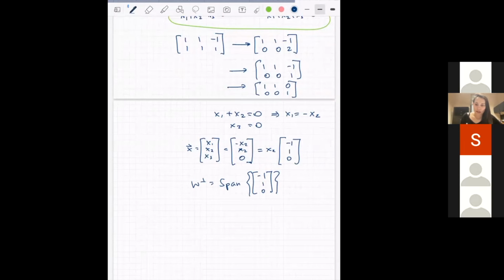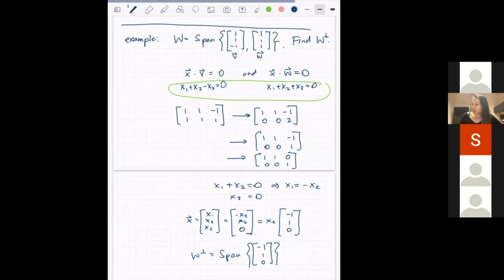Okay, so we can see that finding W perp is somehow related to finding the null space of a particular matrix.